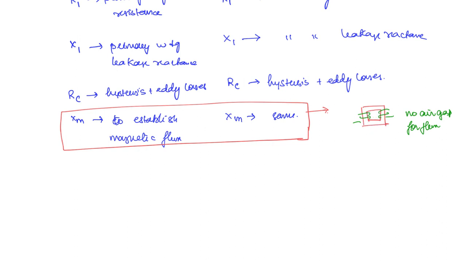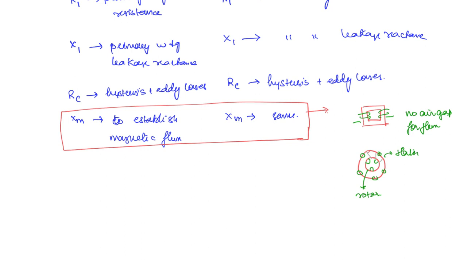But for an induction motor, this is different. You're going to have the rotor here and this is the stator. Now the rotor windings are on this and the stator windings are on the stator. Okay. So this is the stator and this is the rotor. Now the magnetic flux has to pass through this air gap.